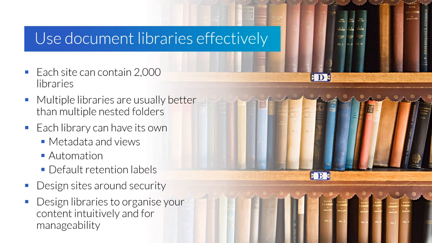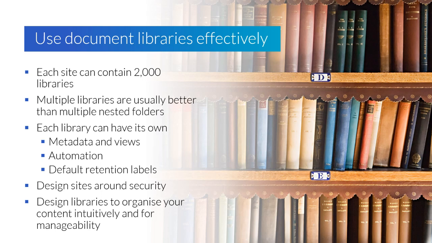And the final thing is, within your SharePoint sites, use document libraries effectively. Every site you create can contain up to 2,000 document libraries. In reality, I'd be amazed if you have more than a dozen, but in theory, you can have 2,000. Multiple libraries are usually a better way of organizing information than multiple nested folders.